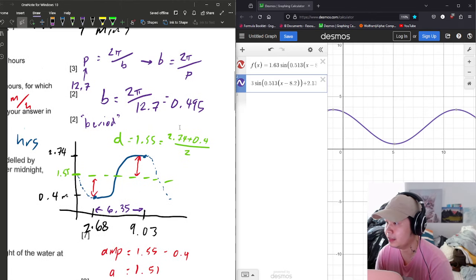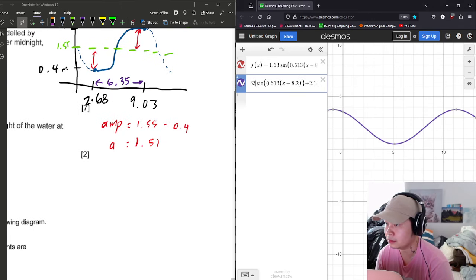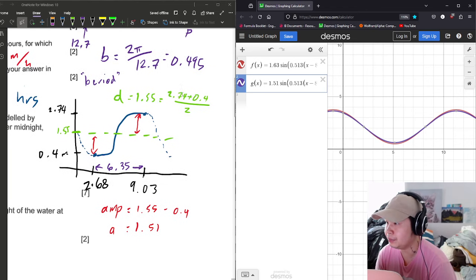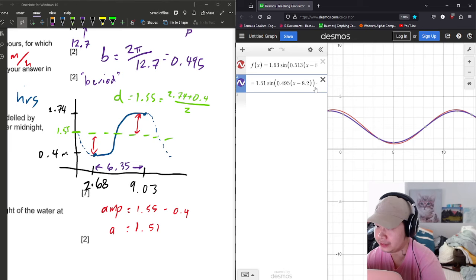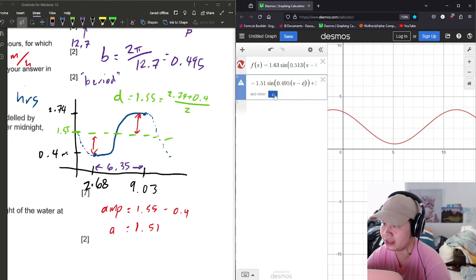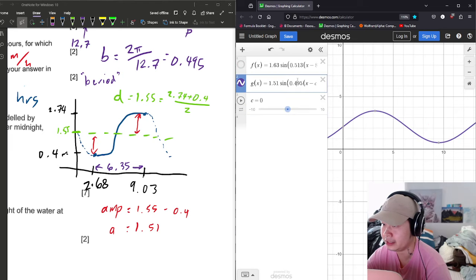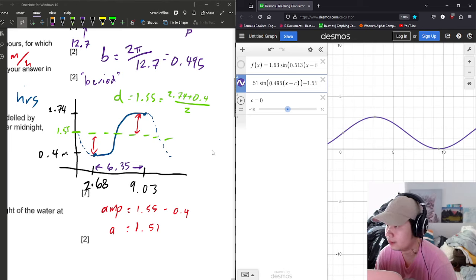So A was 1.51. I guess I'll call it G. Let's see. B was 0.495. We do not have a phase shift currently, so I'm gonna call it C, and then I'm gonna set C to 0. And then I don't need F right now. And then D I said was 1.55.